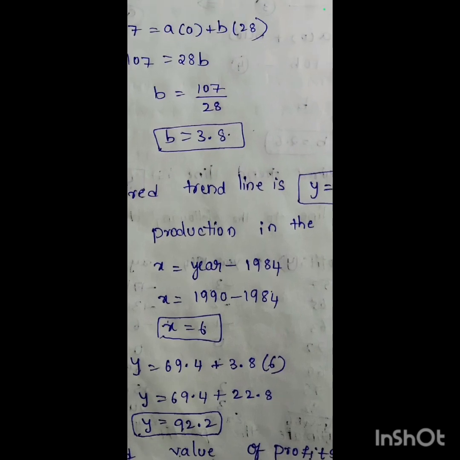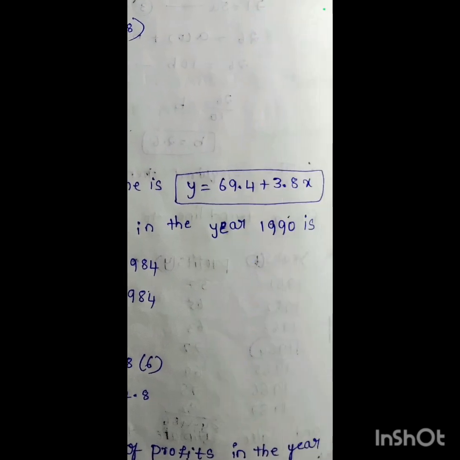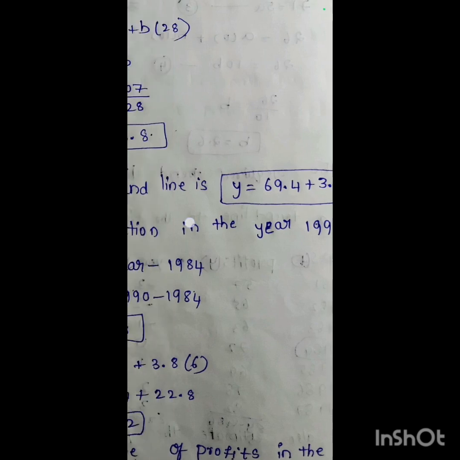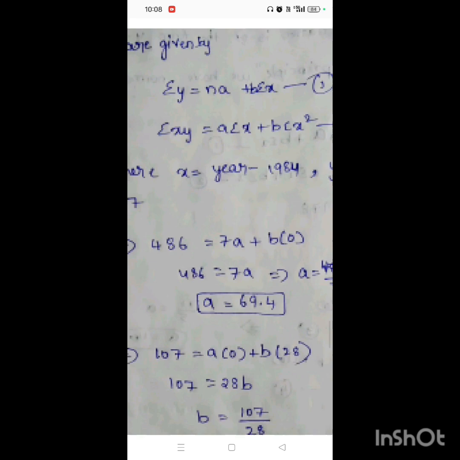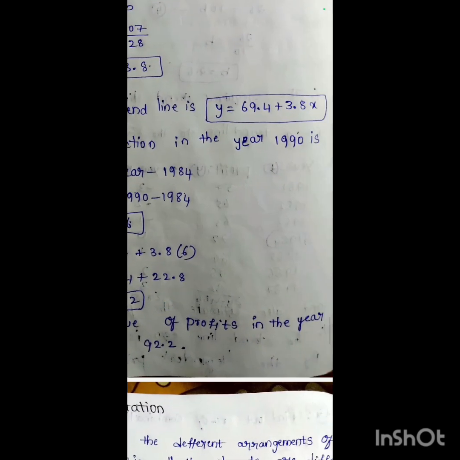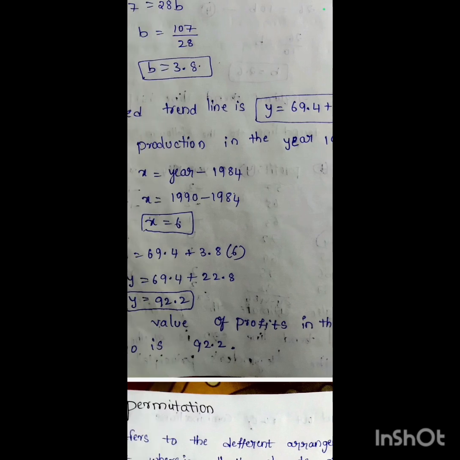By using our equation. First of all, you have to find the x value. In our equation, only x we don't know. The value of y, that is the production or profit, whatever they give in the question.